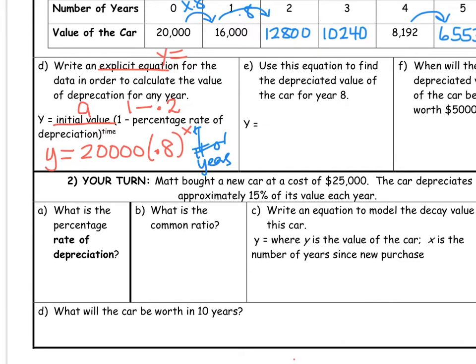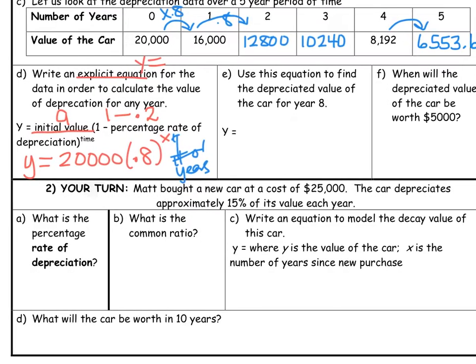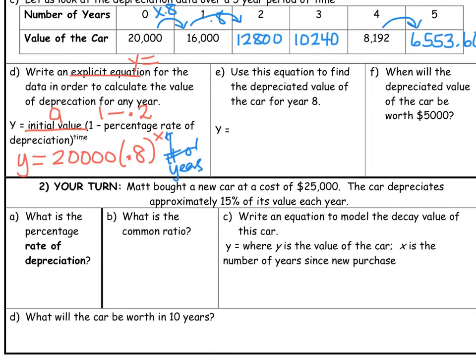So we're going to use this equation to find the value for the car at year 8. Well, year 8 means that our x equals 8. So y equals 20,000 times the 80% that we're keeping to the power of 8. And when we do that, we get $3,355.44.